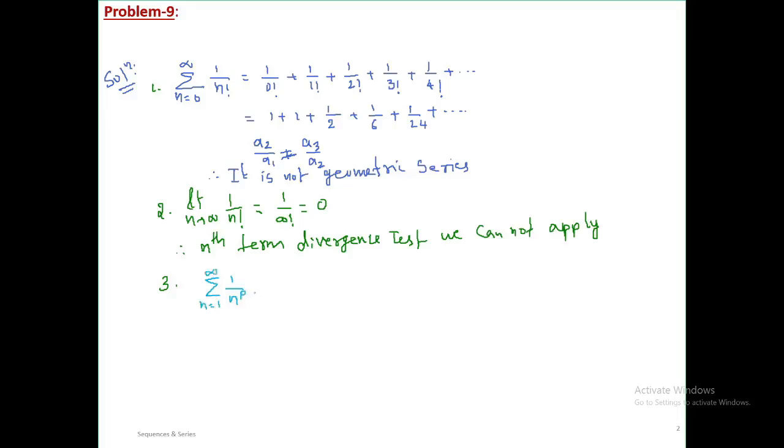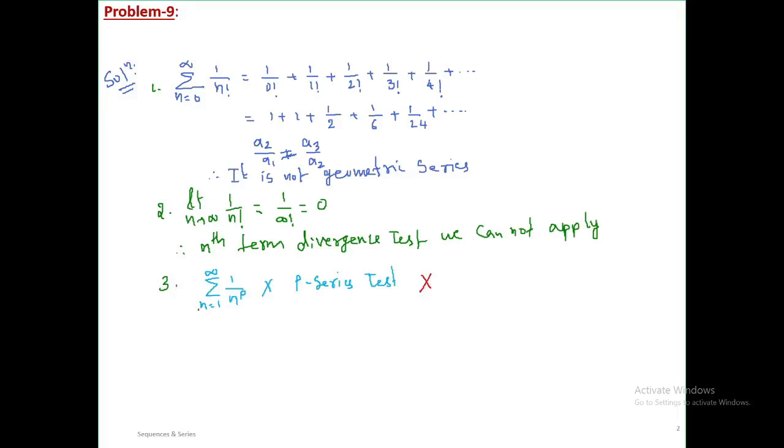It should be in this format, but it is not like that. It is n factorial, therefore I cannot apply the P series test. Because the nth term of the series should be in that format only. There only we can apply. So this one cannot be applied.